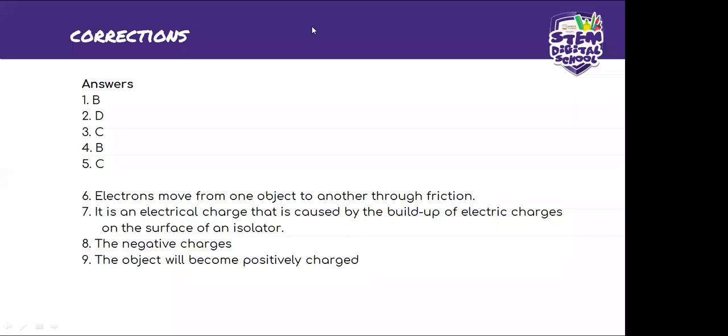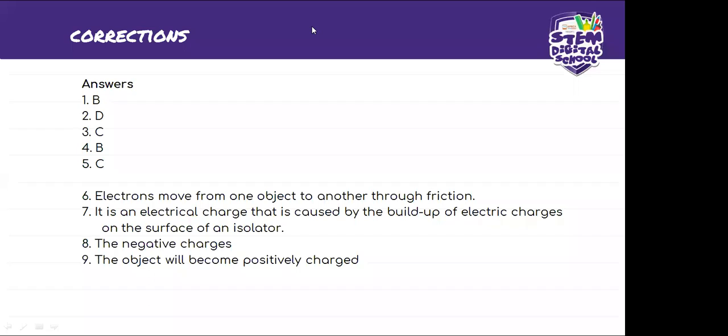Some of you got it right. Nyati, check your question 6. Then let's look at question 7. It says it's an electrical charge that is caused by the buildup of electric charges on the surface of an insulator. Yes, some of you are getting the definition right. Then question 8, the answer is negative charges.